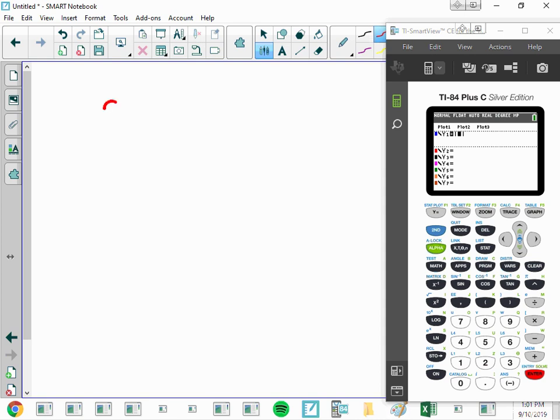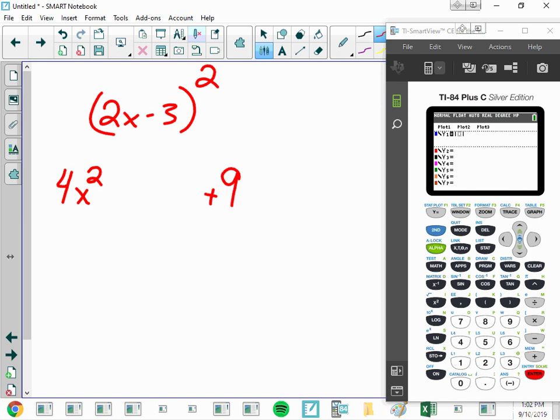What about 2x minus 3 squared? Can you do that one in your head? First one will be 4x squared, and the last one's going to be plus 9. And then what about the middle one?